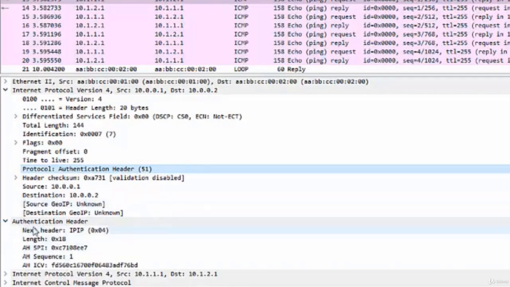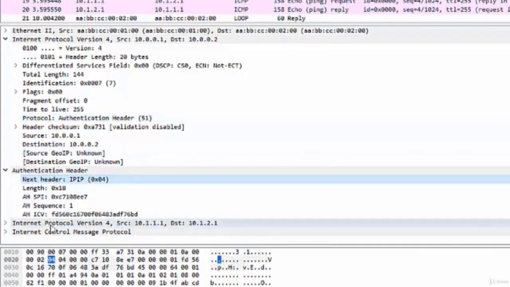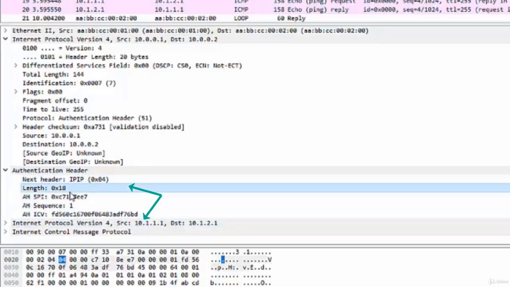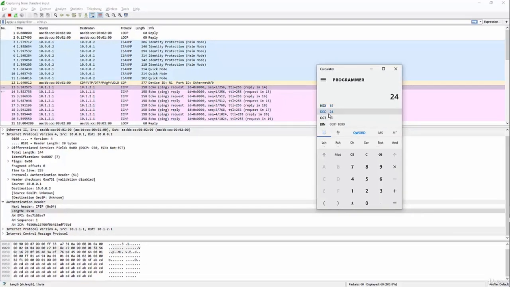And then we see here after that, so we know that the next header is authentication header. Inside authentication header, you see the next header that tells you what's the next protocol. Here the protocol number for this is IP encapsulation. The length is the total length of the authentication header, that's 18 in hex. 18 in hex is decimal 24 times 32 bits.